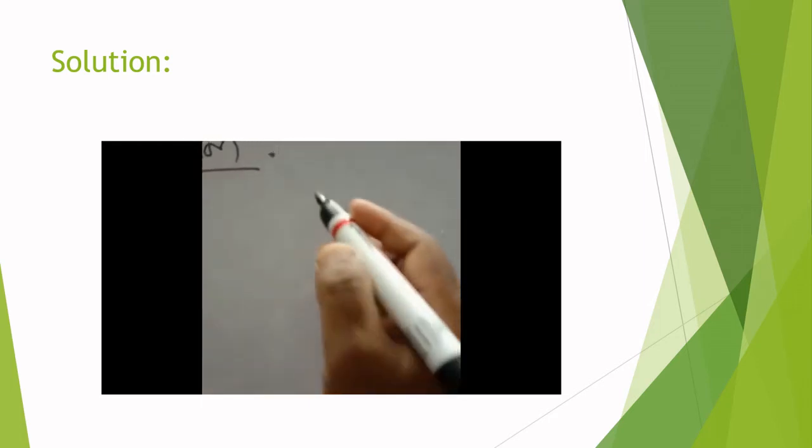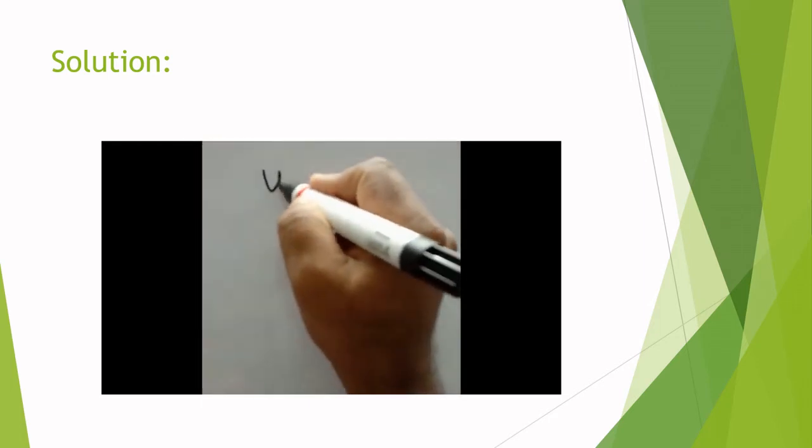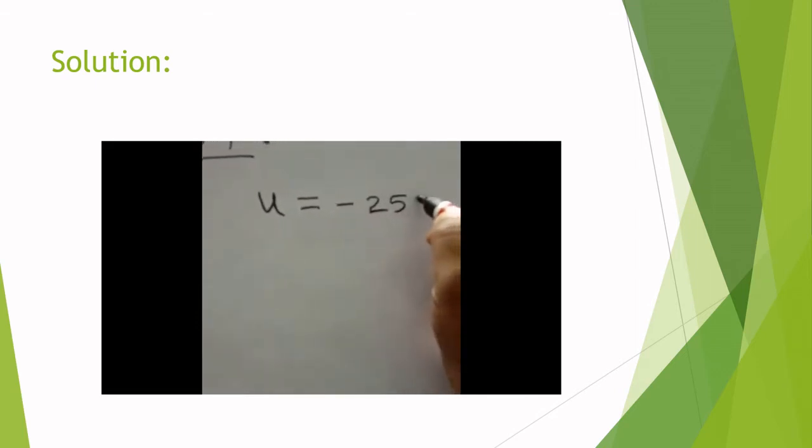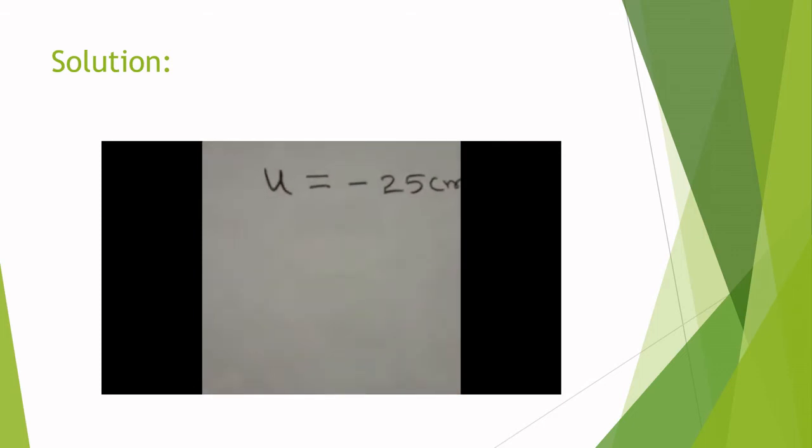Write the given values. Object distance u is equal to minus 25 centimeters. We write minus here because we measure the object distance opposite to the direction of the incident ray. We can see this in the diagram also.